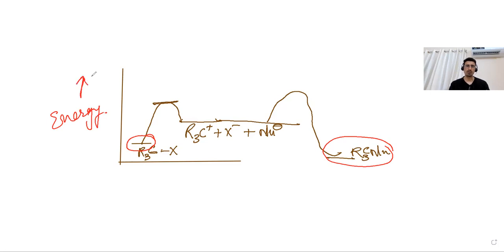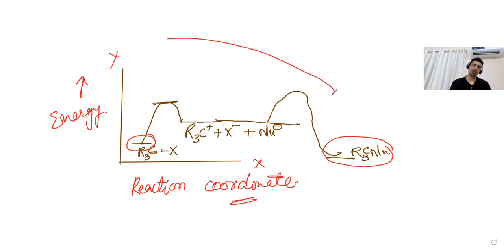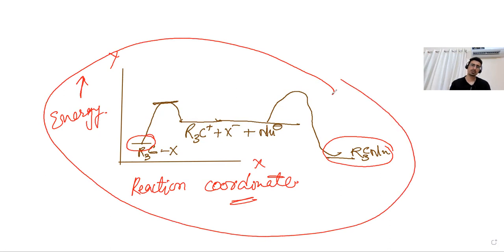We show energy on the y coordinate, and on the x coordinate, we show the reaction coordinate. I hope now it's clear to all of us that this reaction proceeds through the SN1 mechanism.